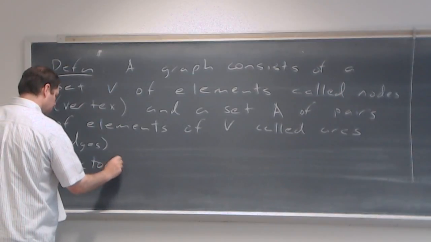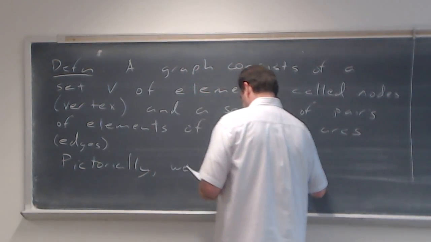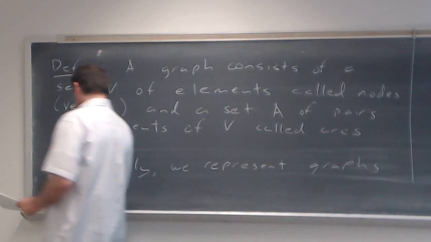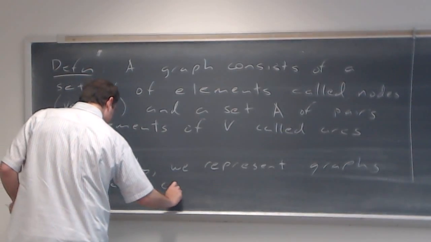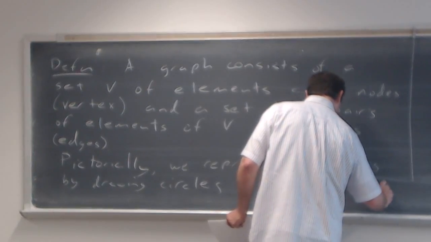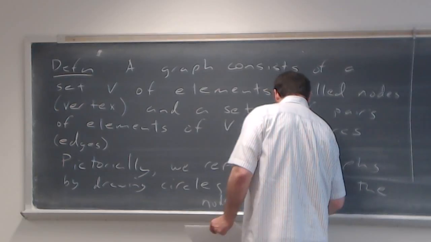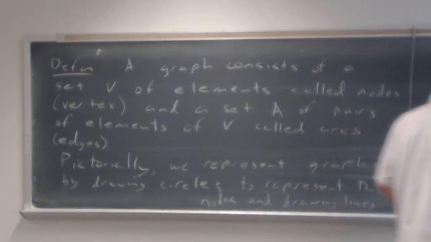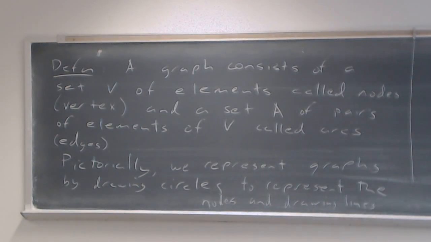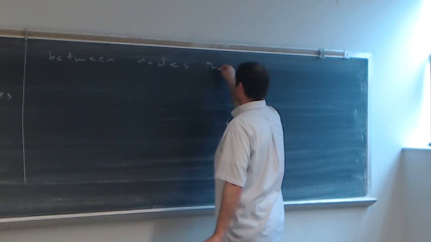Pictorially, we represent graphs by drawing circles to represent the nodes, and drawing lines between nodes that represent arcs.